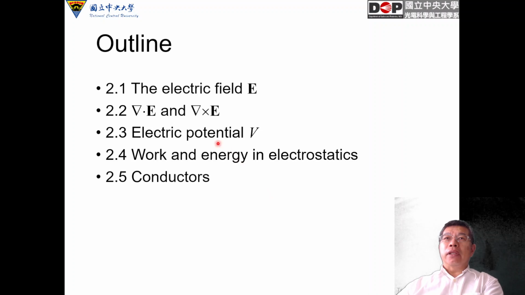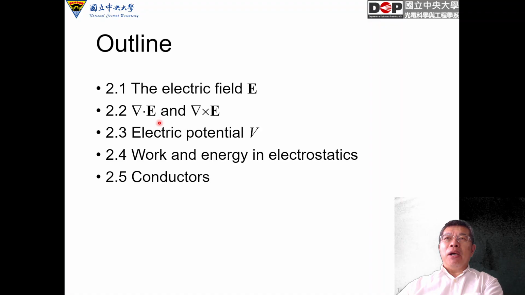Okay, so the outline of this lecture: the first one is the electric field, which is denoted as E, a bold vector. So electric field is a vector field or vector function through the entire space. And the second part will take the divergence of the electric field and the curl of the electric field and see what happens.